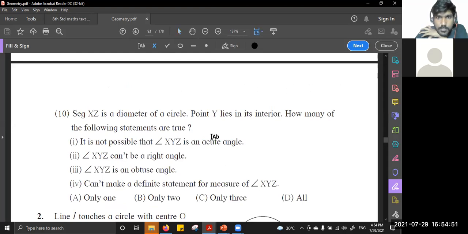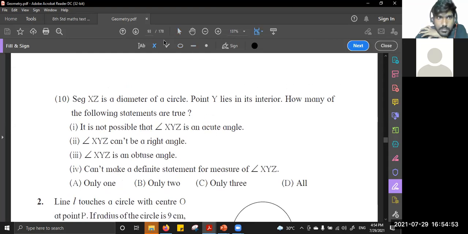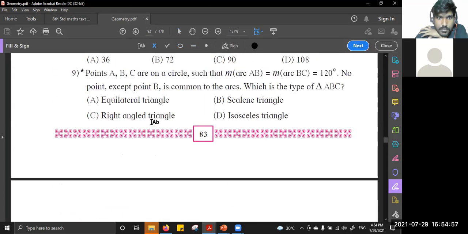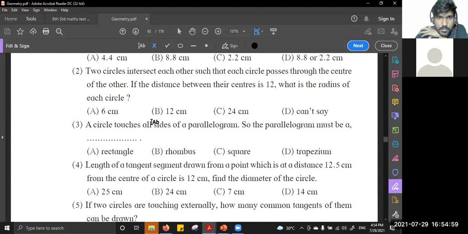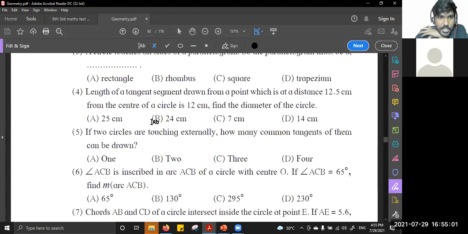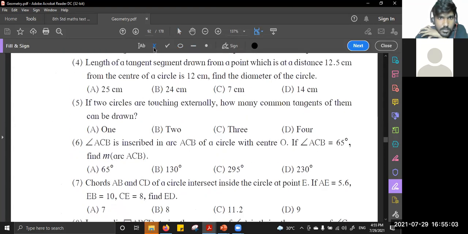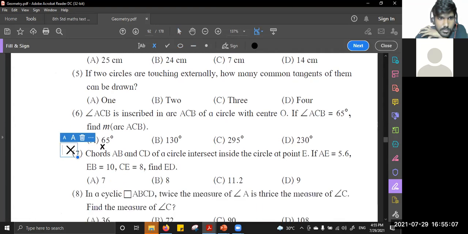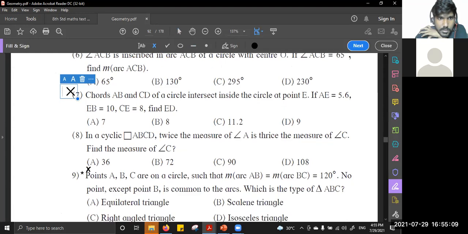Yeah, okay, fine, good. Okay. From exercise 1, question 7, put an X. MCQs. Yeah. Okay, the 7th MCQ.